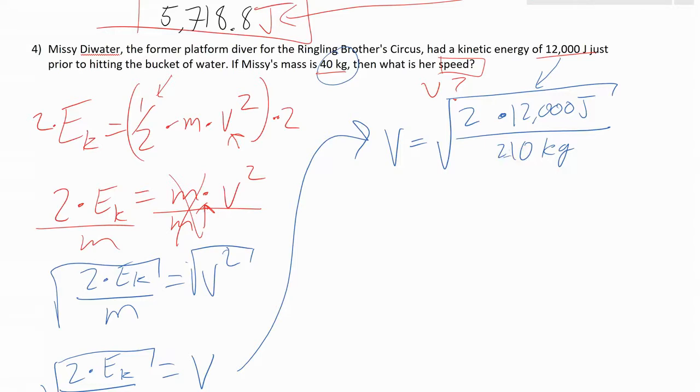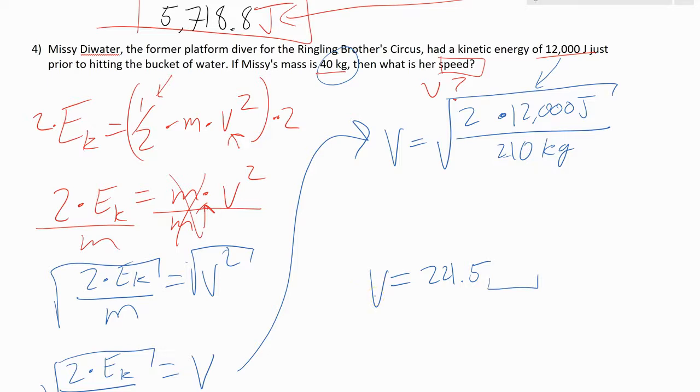And I'm going to type that into my calculator. And after I do the square root and all that, I'll end up with V equals 24.49, or let's just say 24.5. And then the units that we want are probably meters per second because that's velocity.